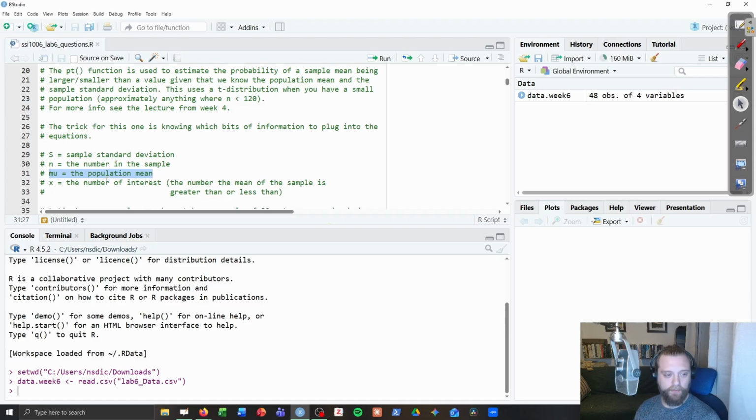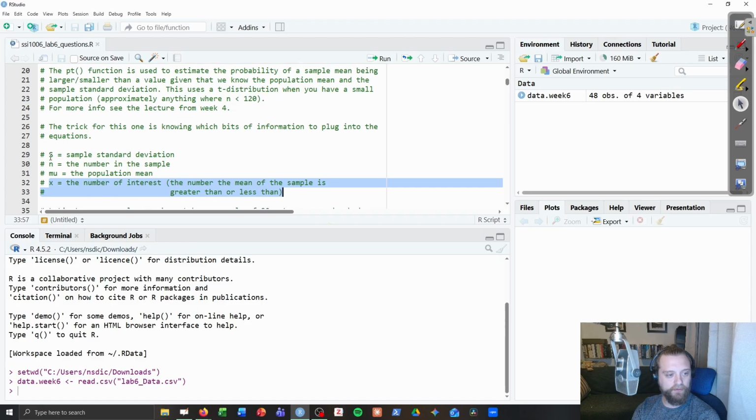So this is an example of how we would calculate this using this idea that we have both a sample and a mean. Now, what we're also going to do is compare this to what we call here a number of interest.